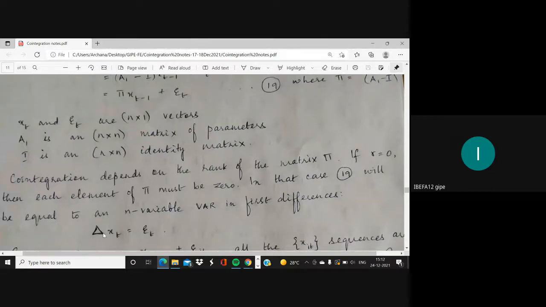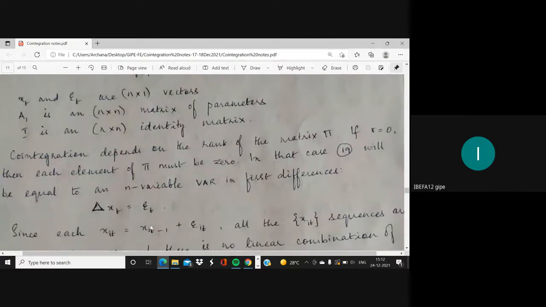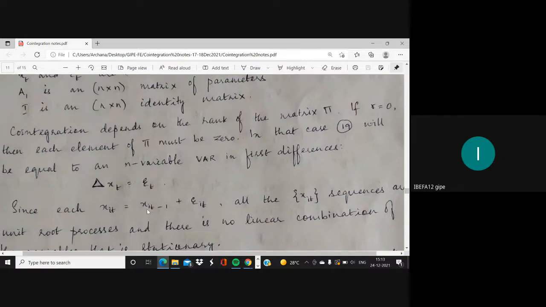If I rewrite this equation again, it will be x_t equal to x_(t-1) plus epsilon_t. Here they've written it in terms of the elements of your x_t vector, so x_it denotes each of the n variables in the x_t vector.